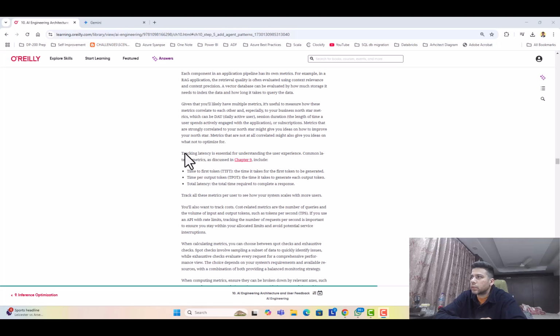Metrics that are not at all correlated might also give you ideas on what not to optimize for. This is an important terminology, North Star metrics. I think I am reading this particular terminology for the first time.